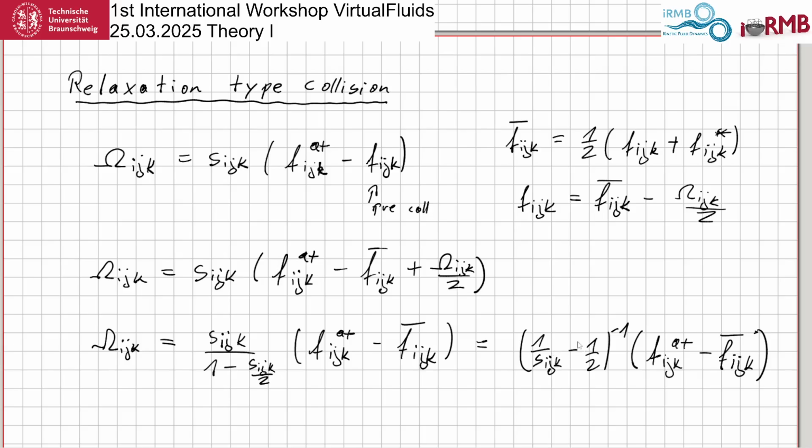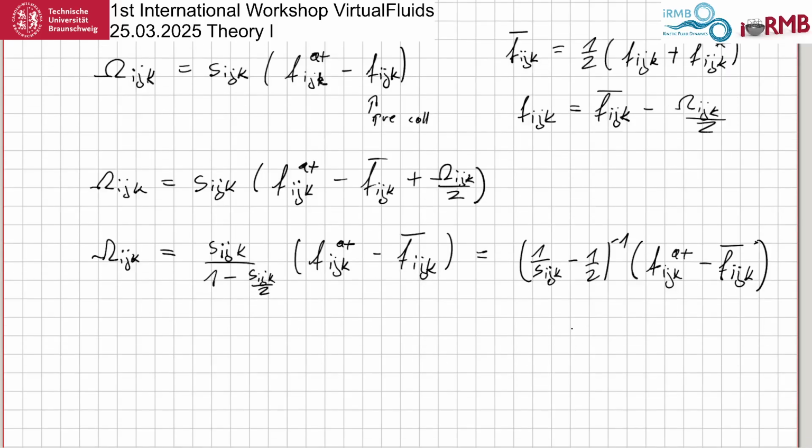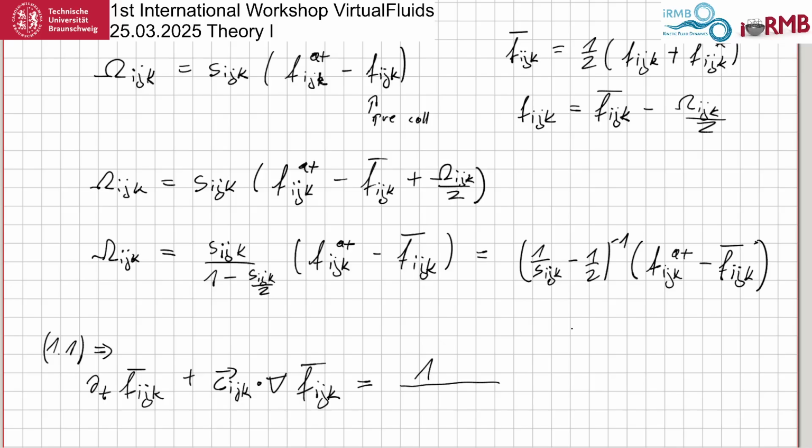So if now you come to this equation 1.1, you can rewrite this in the following way: dt F_ijk over bar plus this velocity, the scalar product with nabla F_ijk over bar, is equal, I put this to the other side, to 1 over S_ijk minus 1/2.